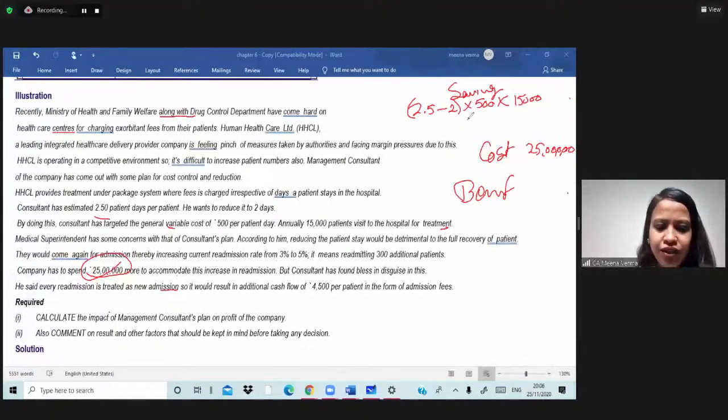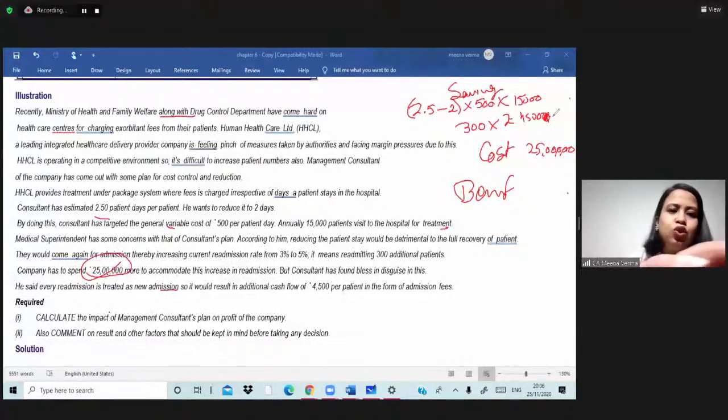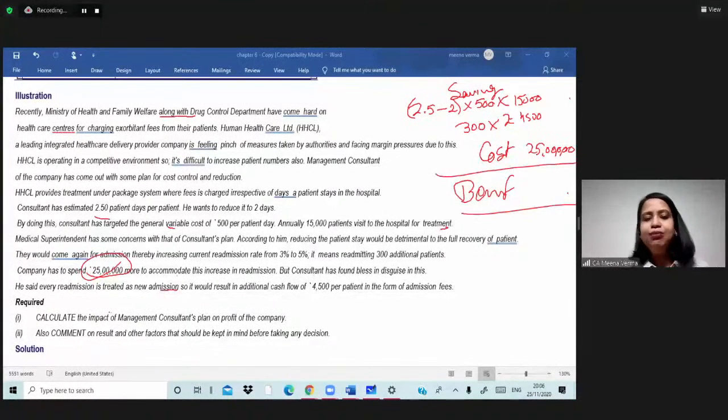And another saving is the revenue from the readmission, 300 readmissions at 4,500. So good to go. But see, if the organization implements this plan, tell me quickly, actually I'm waiting for you to tell me.